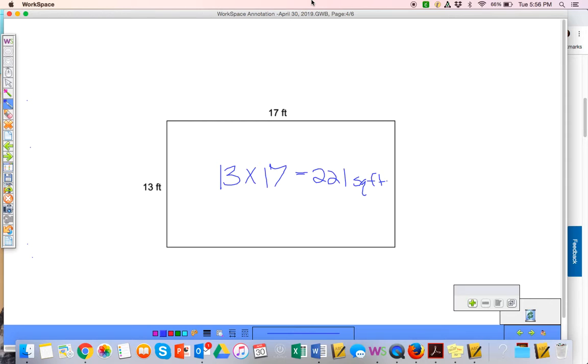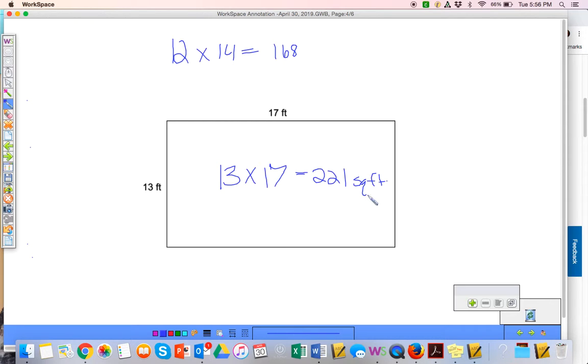So if we had a room that was, let's go back to this one. If we had a room that was 12 by 14, we would do 12 times 14. So 12 times 14 is 168.